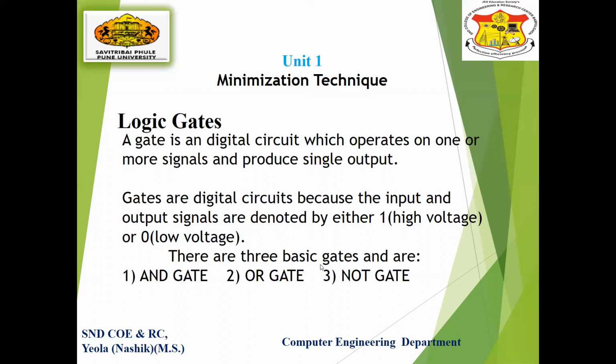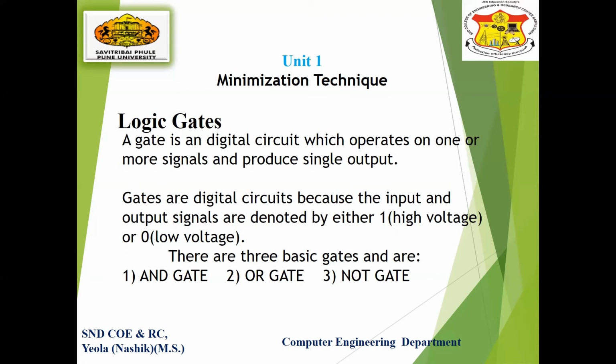But here we will go for the truth table. As we know how the AND operator works, how the OR operator works, and how the NOT operator works, it is a very easy part to understand the basic gates. Why have we learned the basic gates?